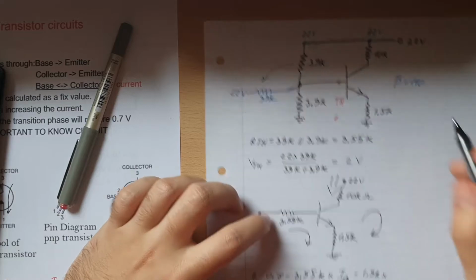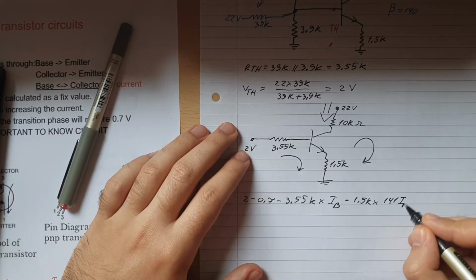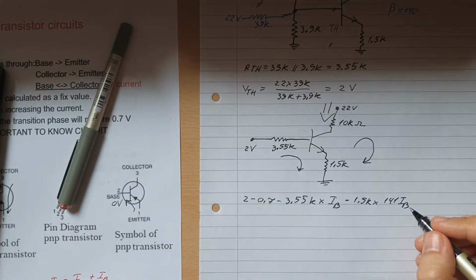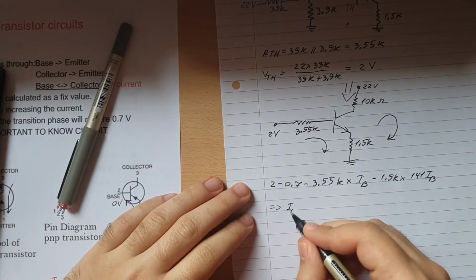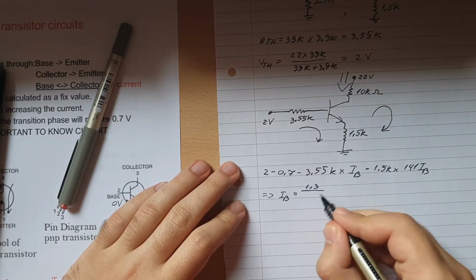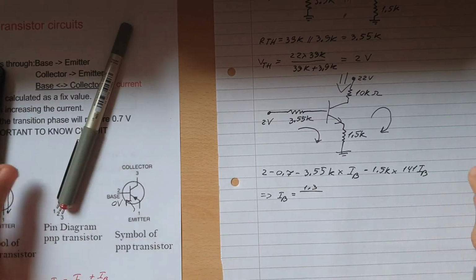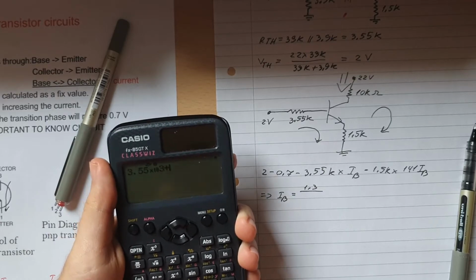It's 140, so IE will be 141 IB. Therefore IB will be equal to 1.3 over 3.55 plus 1.5 times 141.